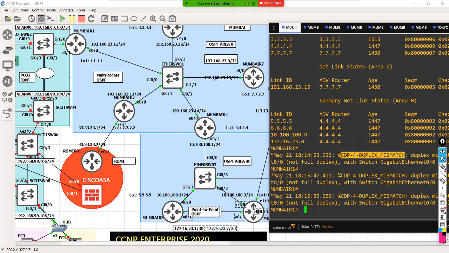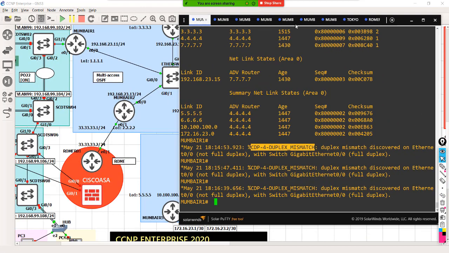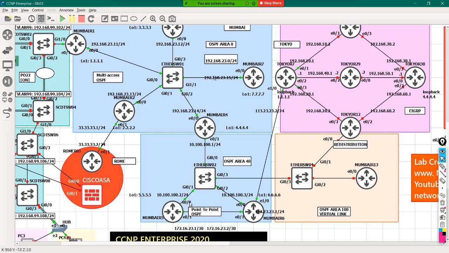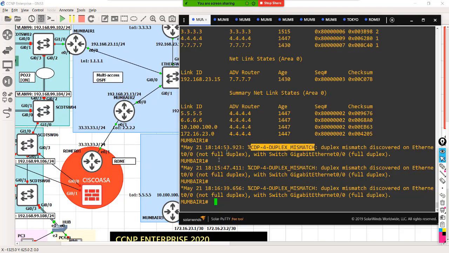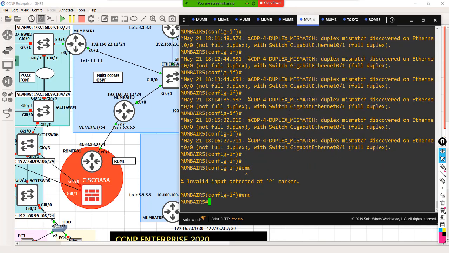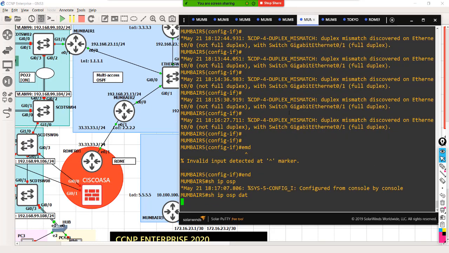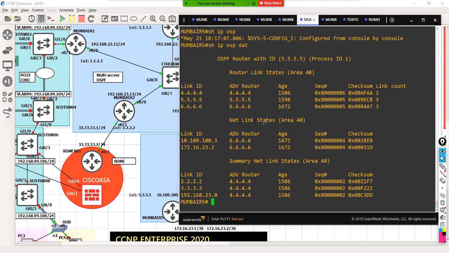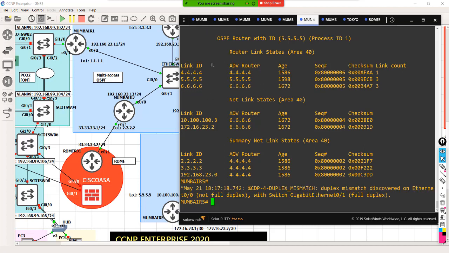Okay, so this particular database, if you go across and see on R5, which is in a different area, you will see the similar behavior. They are going to keep a record of all the links. So in this scenario, if you see, you have reachability with 2.2, you have 3.3, you have network 23.3.